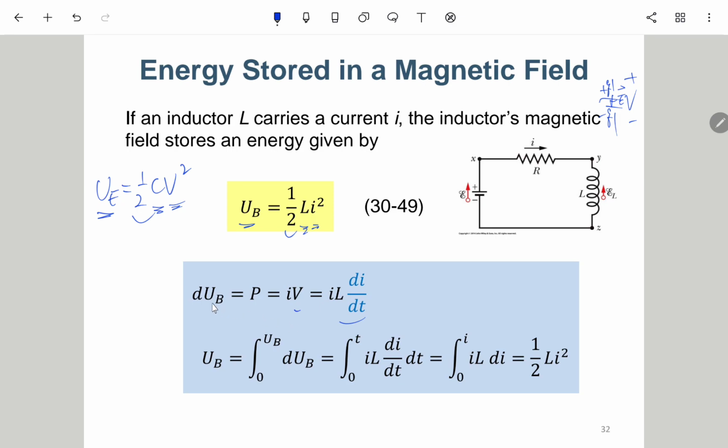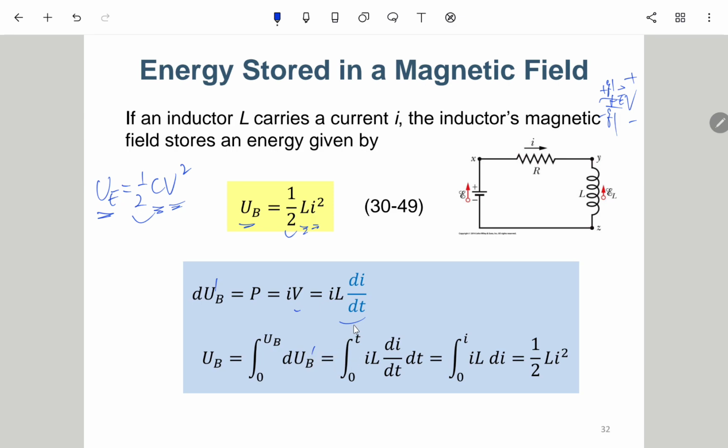Then we integrate dUB from 0 to UB, using a prime on the dummy variable so we can distinguish it from the full variable.